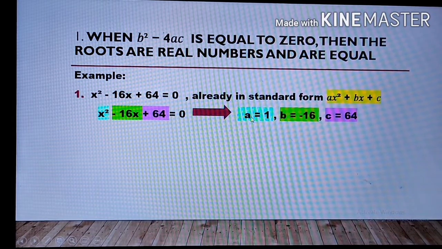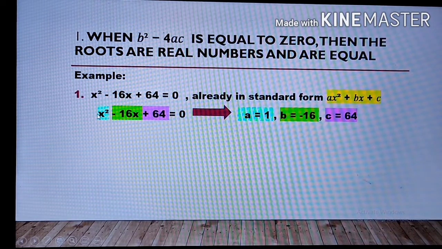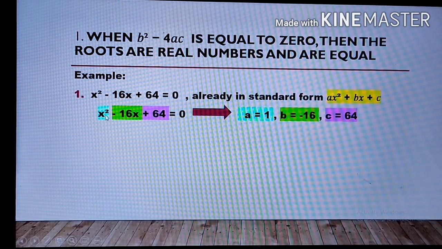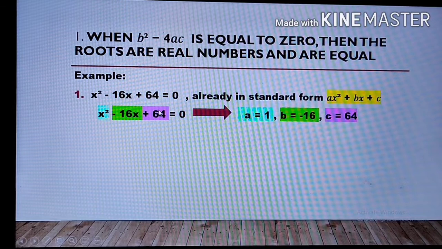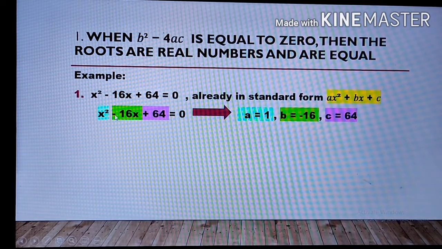So, ang value ng a is 1 dito. Diba, ax squared natin is ito, x squared. Then, if walang katabing ibang numbers yung x squared, ibig sabihin 1 na yung coefficient niya. Then, b, itong second term, is negative 16. Kung ano yung operation na katabi ng number, yun din yung sign niya.